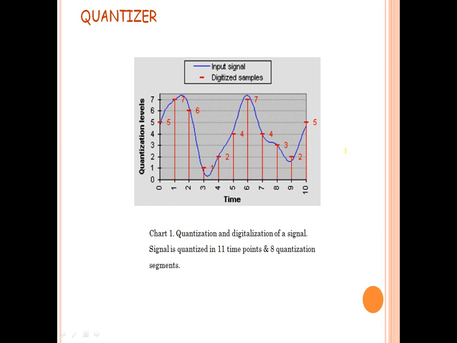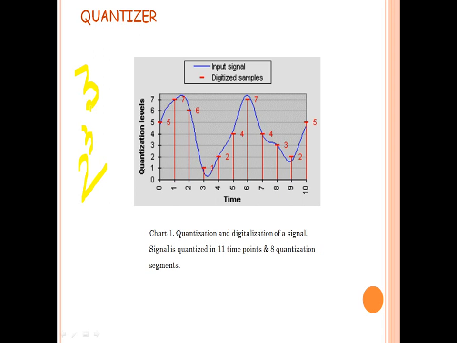Now as you can see on the left, the y-axis is valued from 0 to 7, so 8 values are there. What does 8 mean? 2 to the power 3.